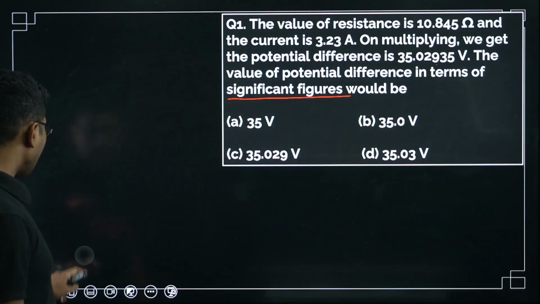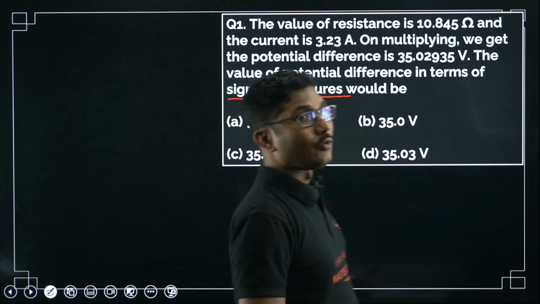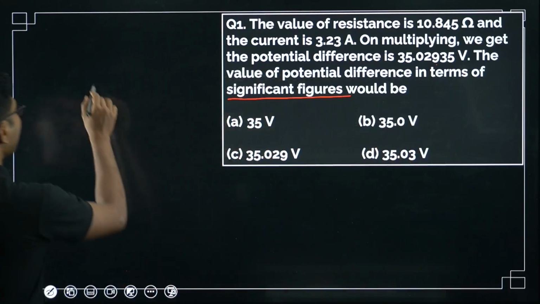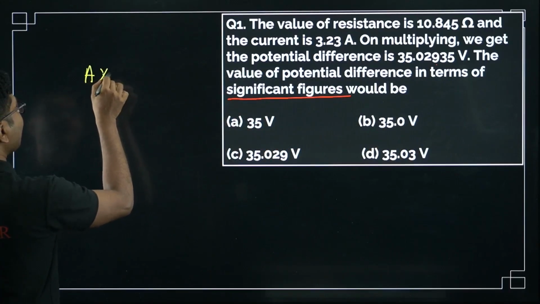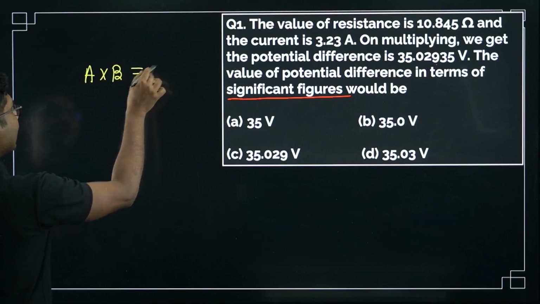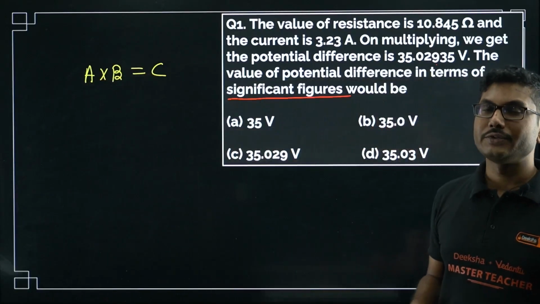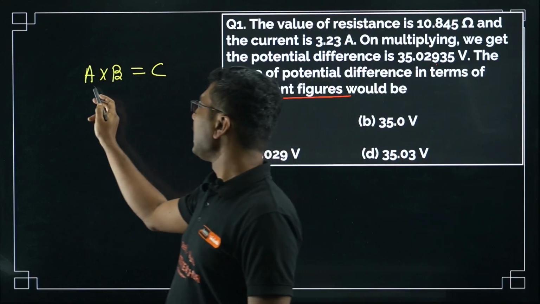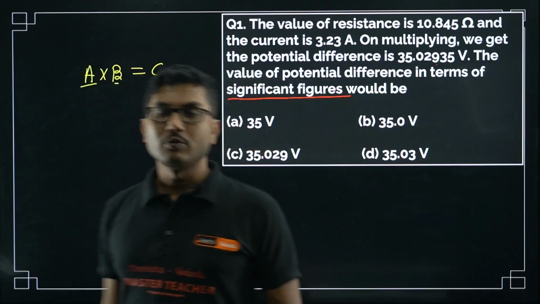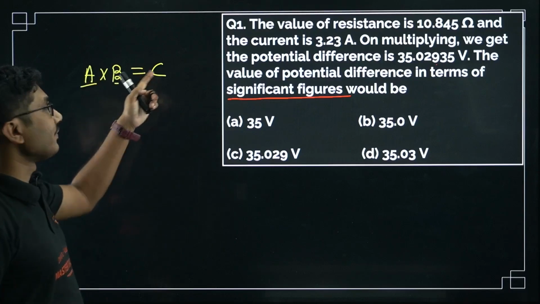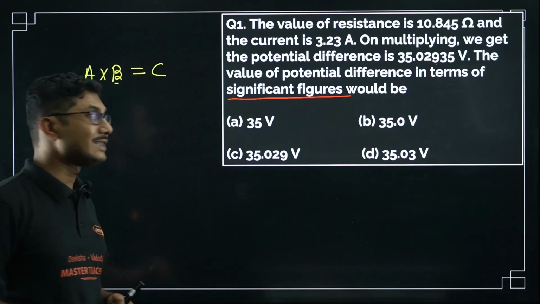Now if you remember, when two quantities are multiplied, suppose we multiply two quantities A and B, the resultant should have the smallest number of significant figures between A and B. Whoever has the smallest number of significant figures, that we apply for C as well.